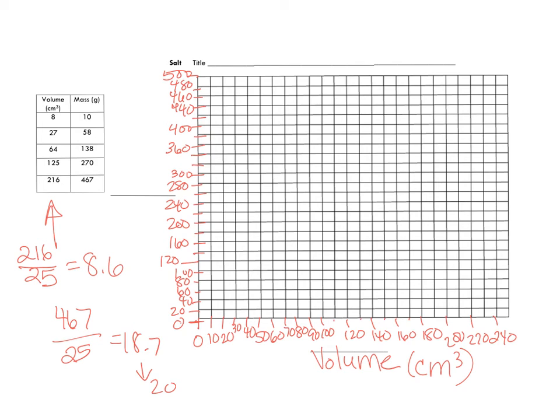And then I have scaled, and notice all of my data will fit in there. 10 up to 467 will fit in there. The y-axis is mass. So I label that and I give the unit of gram.